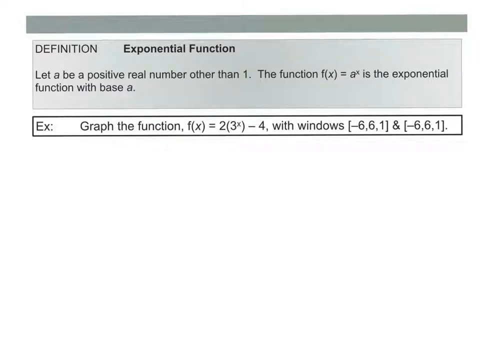Okay. Here, we're just going to talk about what an exponential function is. So if a is a positive real number other than 1, so as long as a is not 1, if a is 1, what happens with our exponential function? Well, we can still have 1 to the power of x.